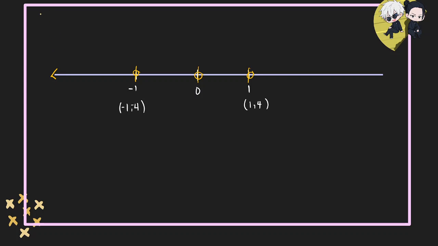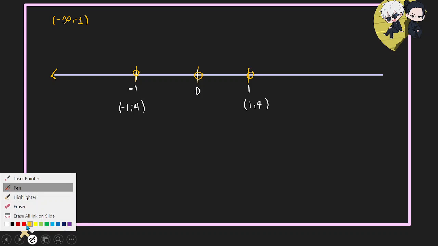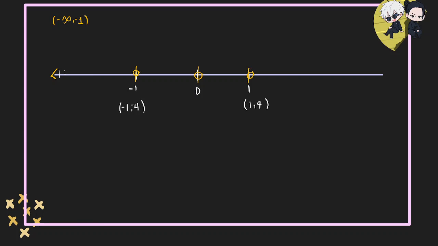So, from the left of negative 1, meron tayong negative infinity to negative 1. So, give me any number from the left of negative 1. So, basically, pinakamadali na nasa left ng negative 1 ay negative 2, di ba? So, itetest natin ngayon kung yung points na ba to is pataas or pababa.